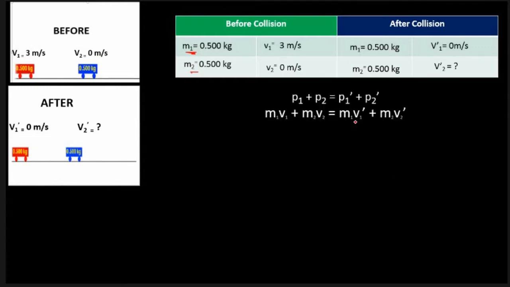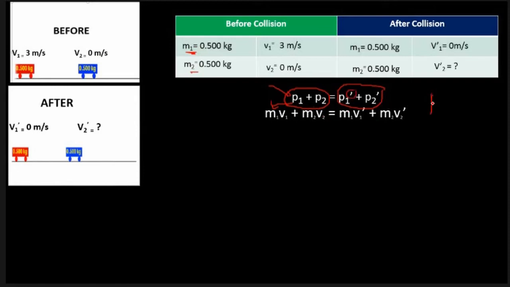So let's start with the formula. We have the formula for the law of conservation of momentum: the total momentum before the collision is equal to the total momentum after the collision. We have to break this down. We all know that momentum is the product of mass and velocity. That's why we have m1 v1 for momentum 1 and m2 v2 for momentum 2. If you notice, we have this symbol here.